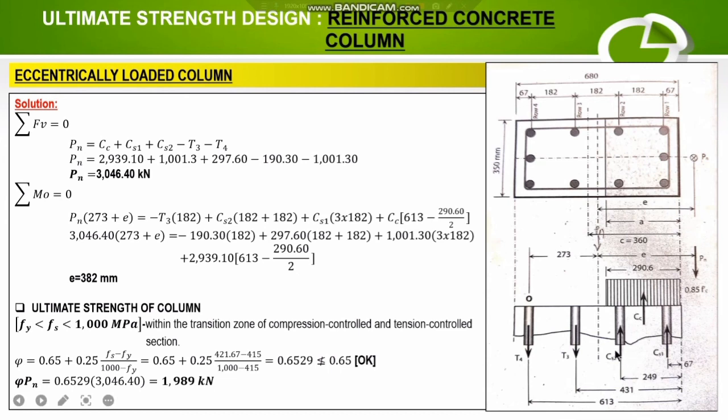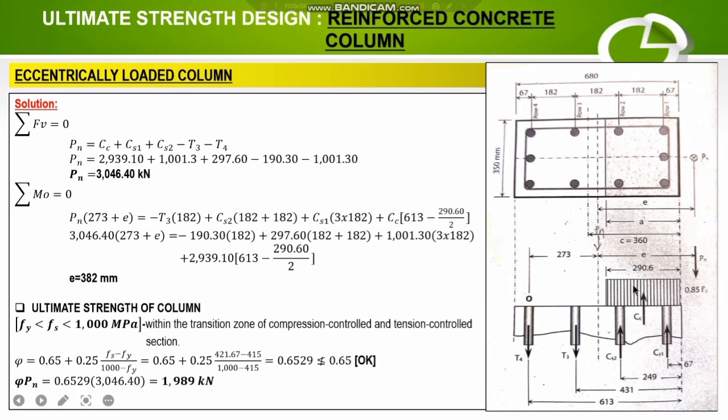The moment arm of Cs2 with respect to point O is 182 plus 182, or twice the distance of 182, plus Cs1, the moment arm of Cs1 is 3 times the distance of 182, plus the Cc, or the concrete compressive force.